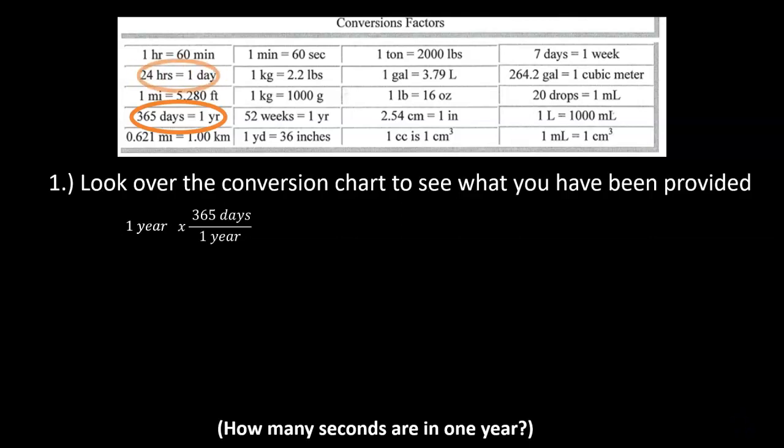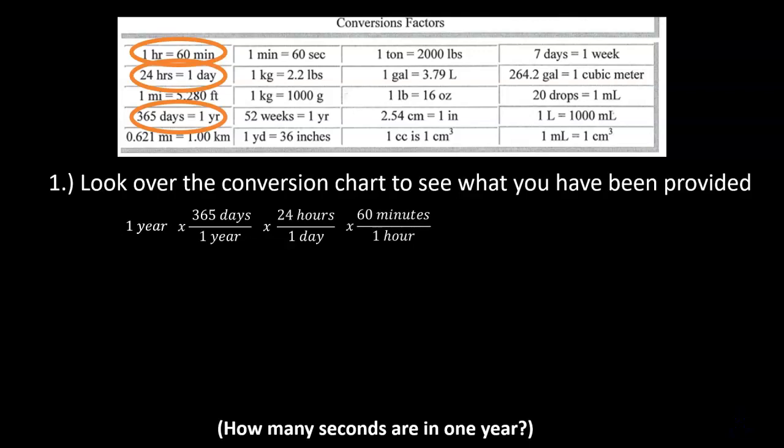I'm looking on here and I see I have 24 hours in one day. So I know that I want my days to cancel. Day will go on the bottom, hours on the top. Now I'm looking, do I have anything that says hours? Because I really want to get those hours to cancel. Remember, I want my final unit to be seconds. What I found was I have 1 hour equals 60 minutes.